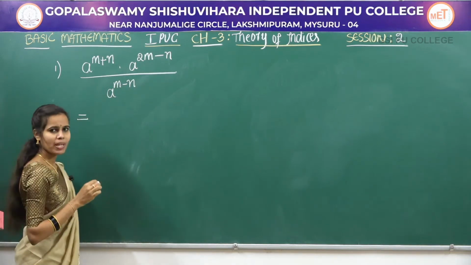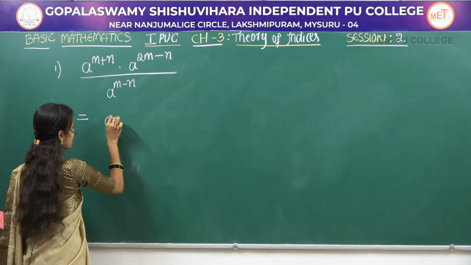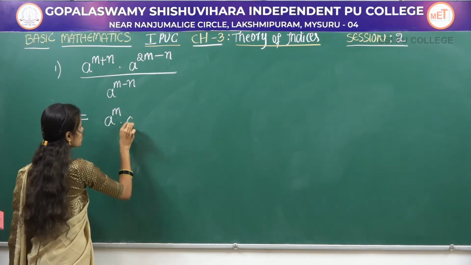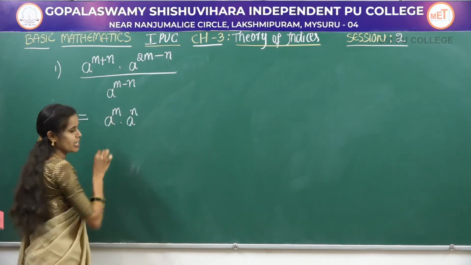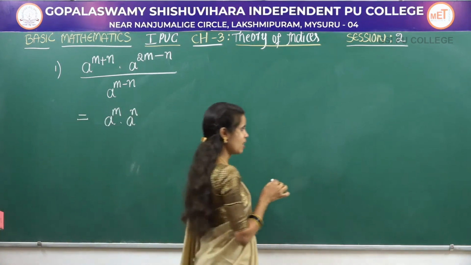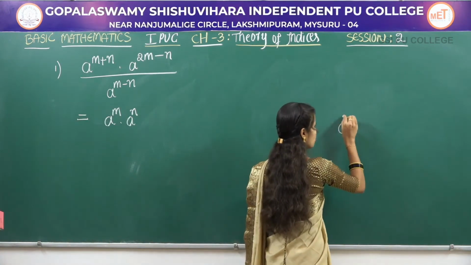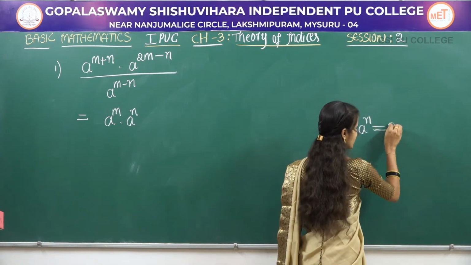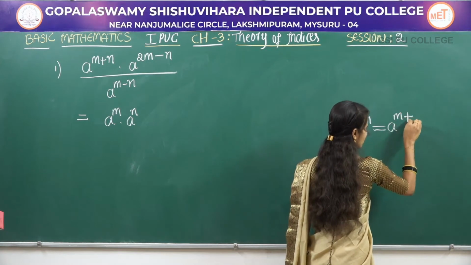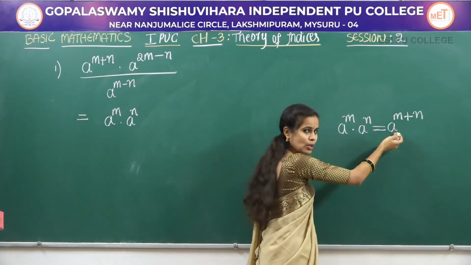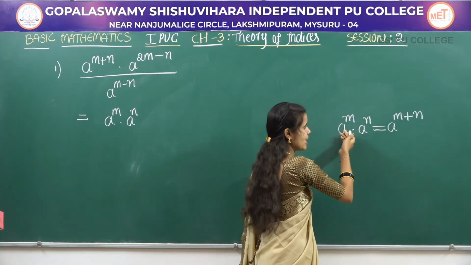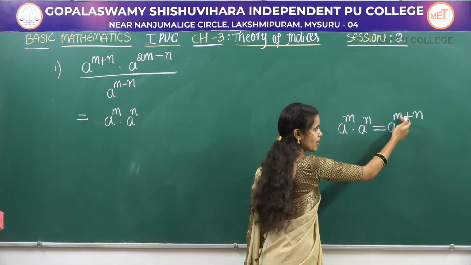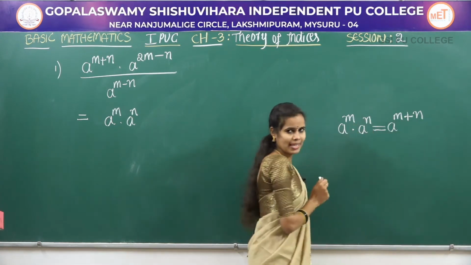Here a to the power of m plus n can be written as a to the power of m into a to the power of n using the first law of exponents. You know that the first law of exponents is a to the power of m into a to the power of n is equal to a to the power of m plus n.